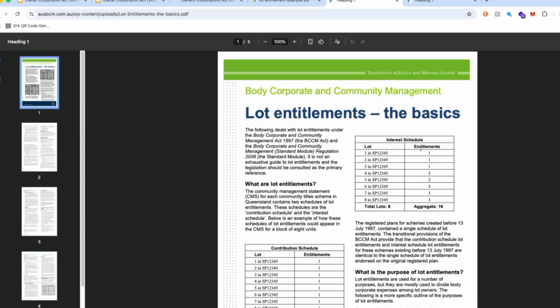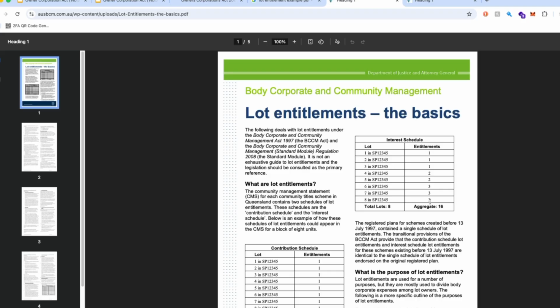Once you get your entitlement, you pay for the proportion which you own out of all the entitlement. For example, if you look at lot 8 here, the overall entitlement is 16, and its share of that is 3.